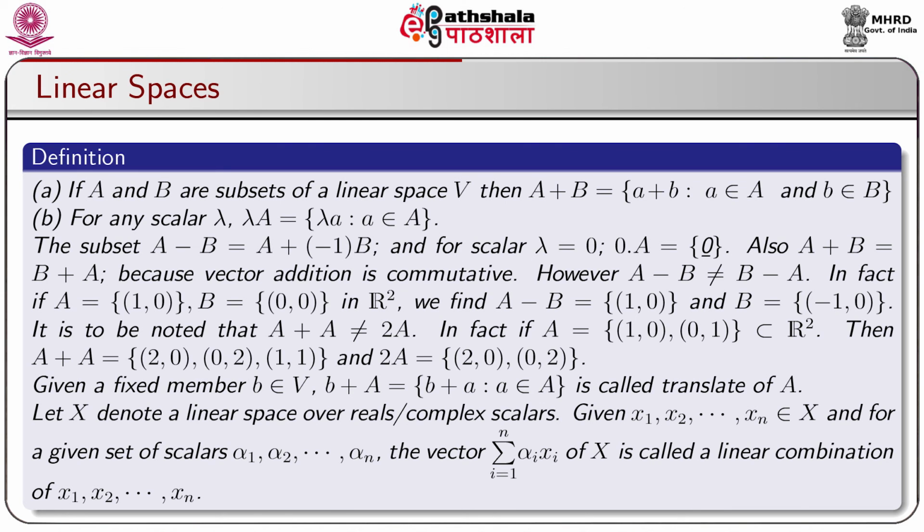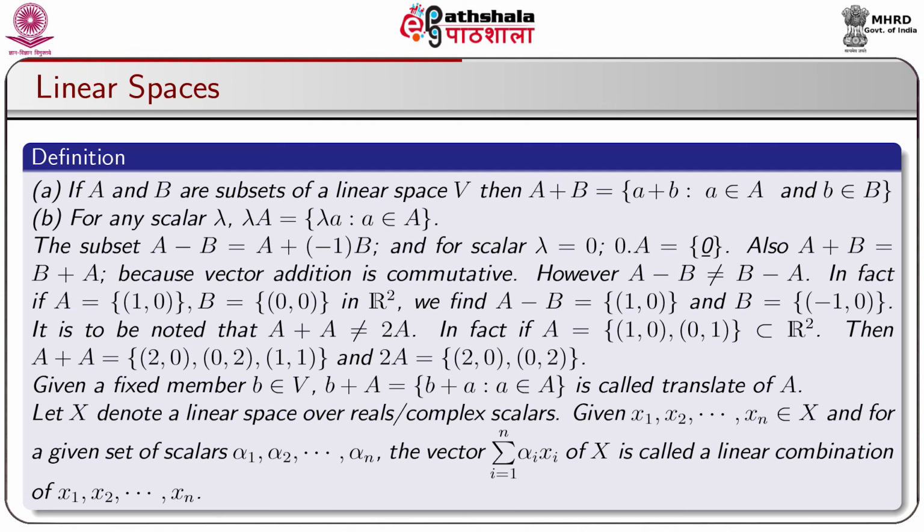The definitions look like this: if A and B are subsets of a linear space V, then A + B is the collection of all such elements a + b, where a runs in A and b runs in B. For any scalar lambda, lambda A is the collection of all such elements lambda a, where a is taken from A. The subset A - B means the collection of all such elements a - b, where a belongs to A and b belongs to B, and A - B is equal to A + (-1)B.